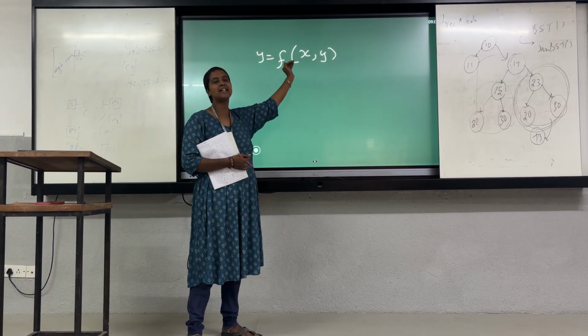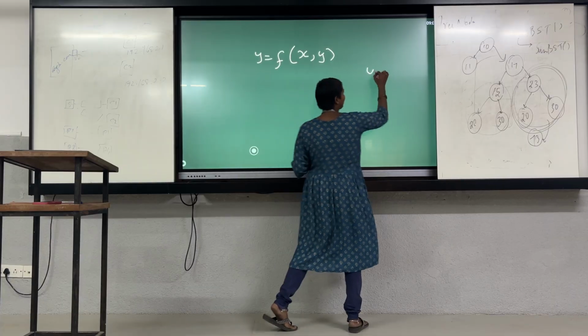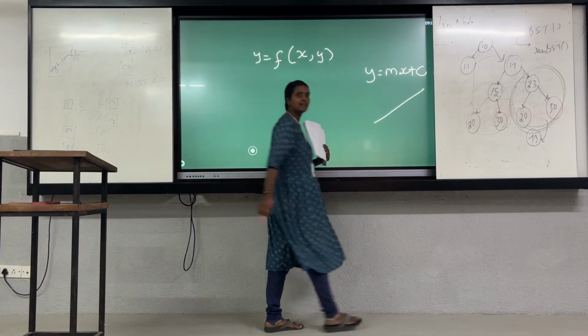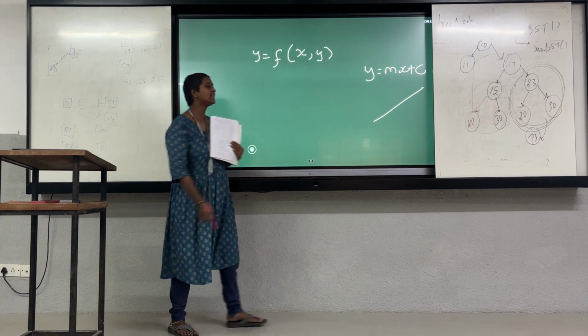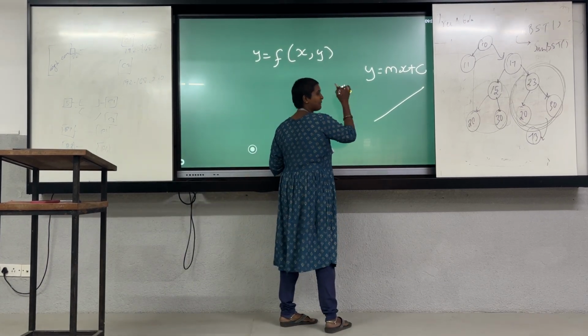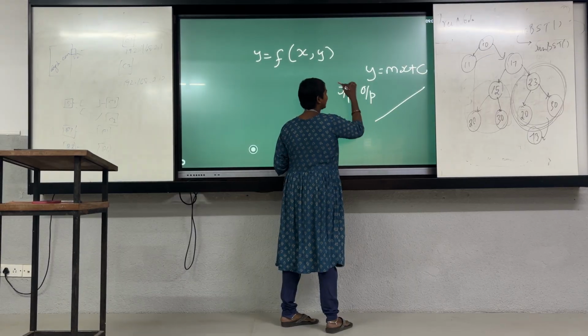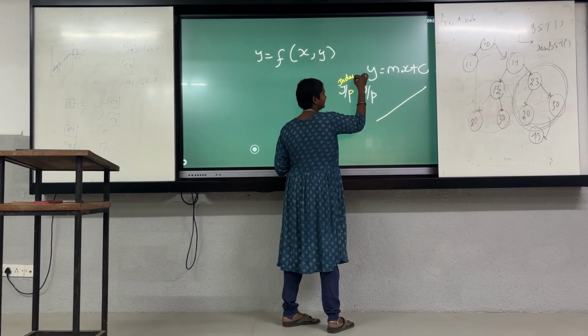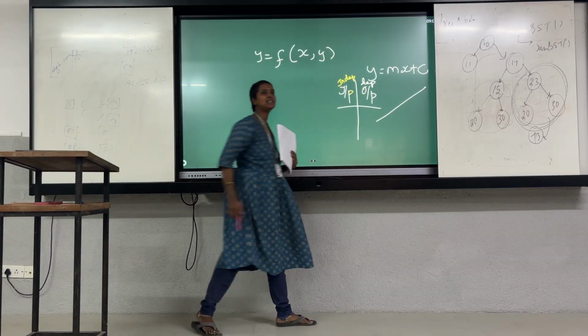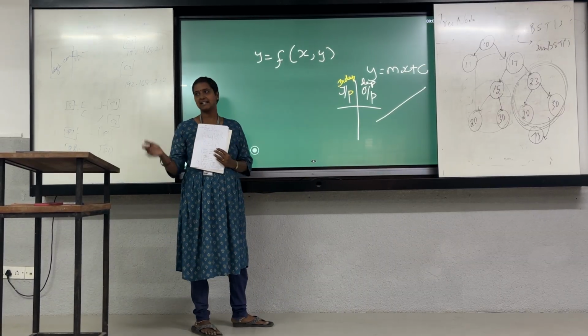So you already know linear regression means y equal to mx plus c. It's a line. We want to find the slope of the line. Input is independent, output is dependent. So I'm going to predict the future. That's called linear regression.